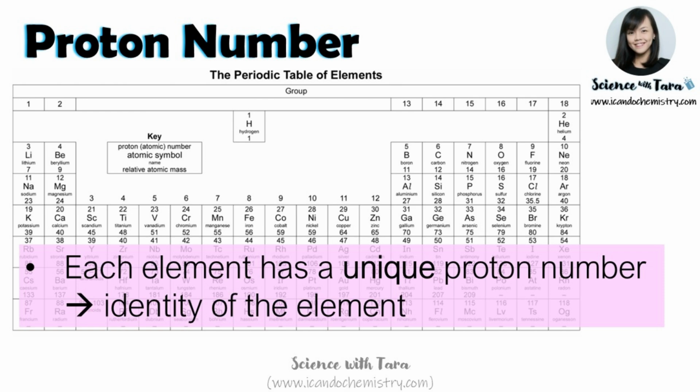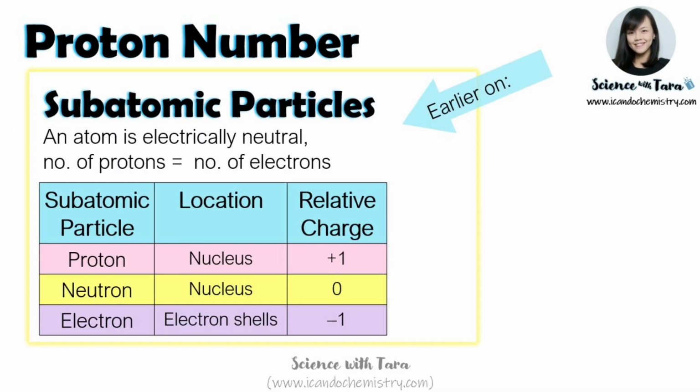What do we mean by each element has a unique proton number? This means if you are given an unknown, you can determine its identity based on its proton number. If the unknown's proton number is 11, it must be sodium. If the unknown's proton number is 17, it must be chlorine.